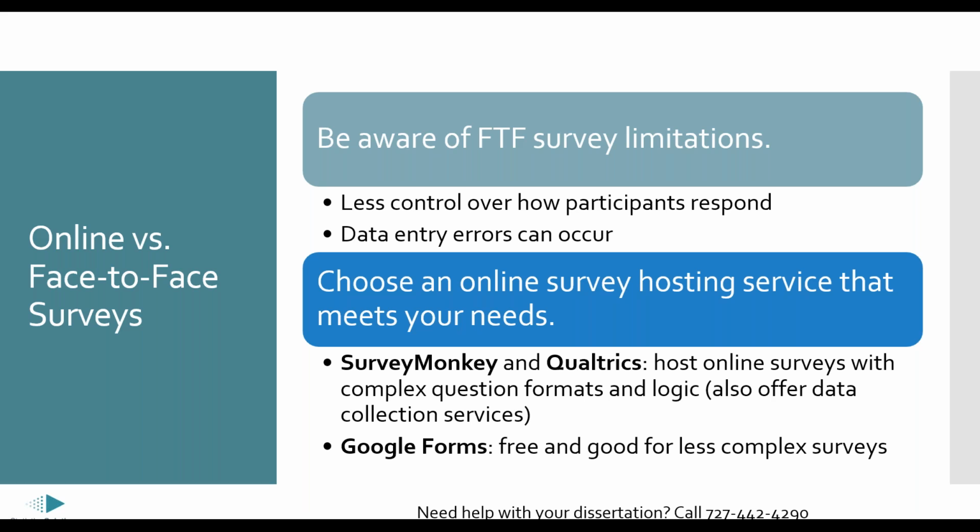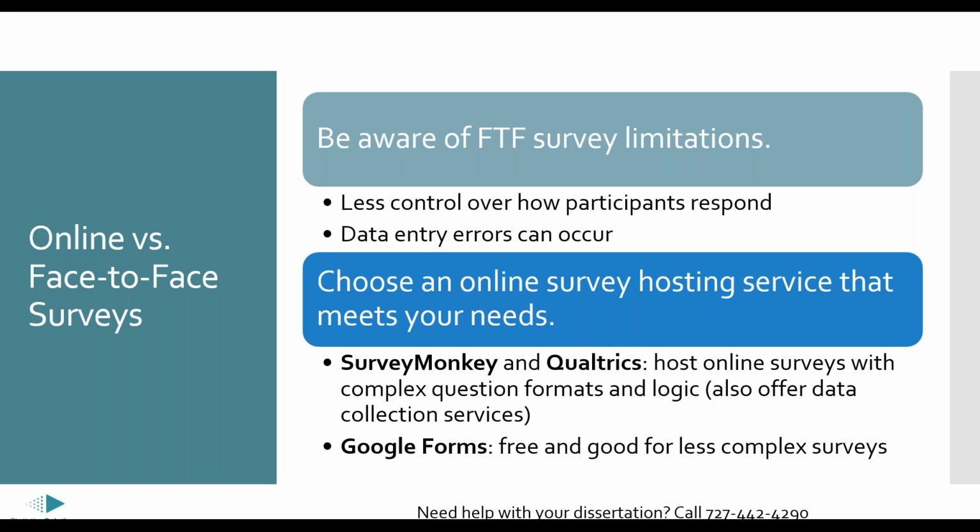So for instance, if you're giving the participant a multiple choice question where you only want them to select one answer, if they're filling it out in paper and pencil, maybe they will select more than one answer, and there's not really a way to prevent them from doing that.